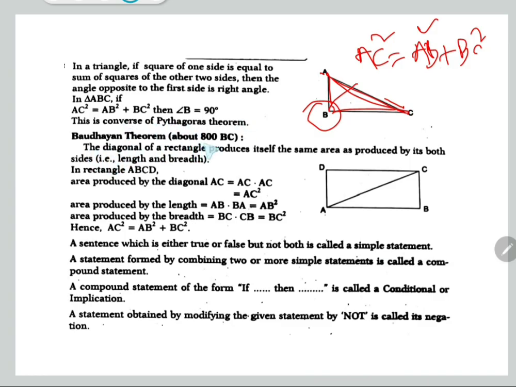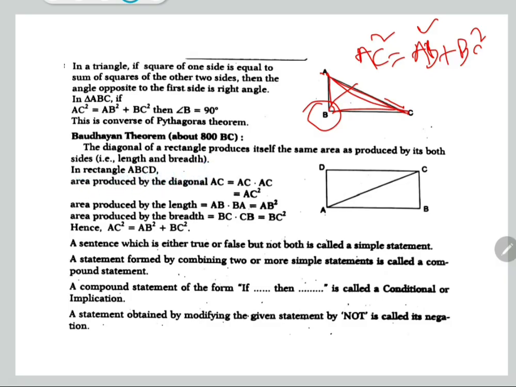Baudhayana theorem, about 800 BC. The diagonal of a rectangle produces by itself the same area as produced by both its sides, length and breadth.